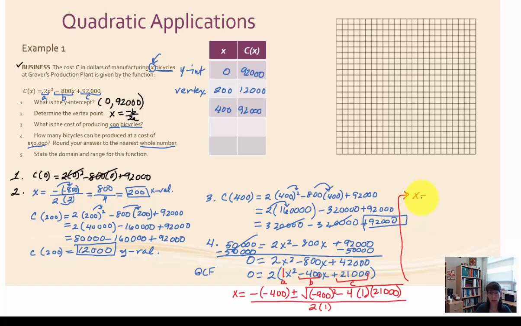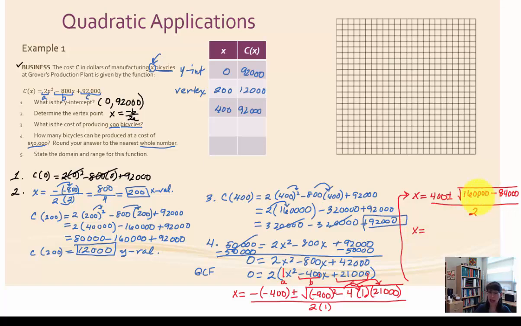So the x value is going to be equal to positive 400 plus or minus the square root of negative 400 squared. That would be 160,000. And then we have our three factors: negative 4 times 1 times positive 21,000. So we have a negative times a positive times a positive, so we will be subtracting. So 4 times 21,000 would be 84,000. These terms are all divided by 2 times a, which was 2 times 1, so that's 2.